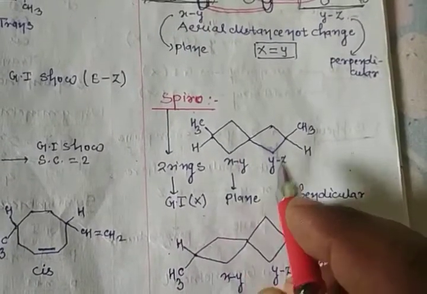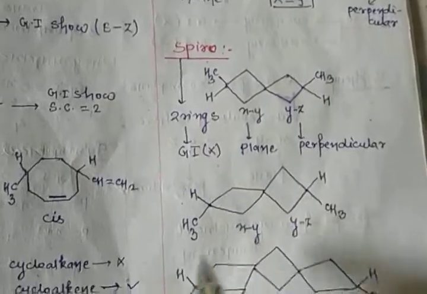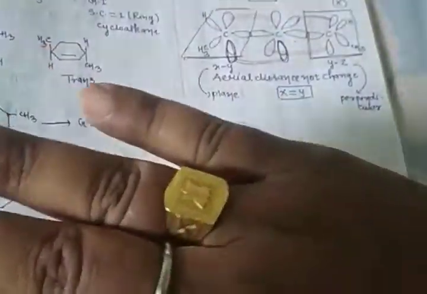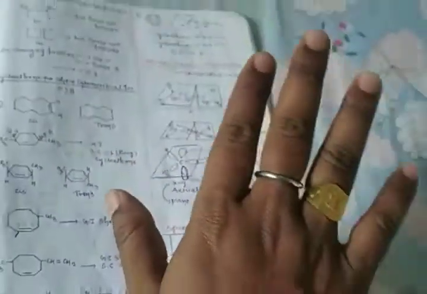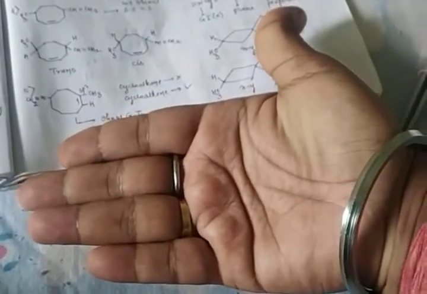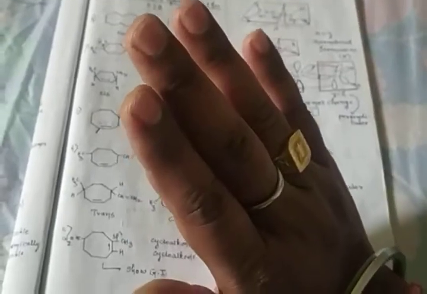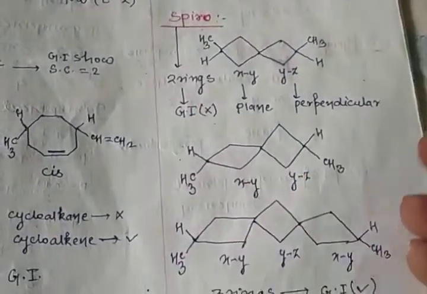XY means this plane. This is at the bottom plane of the paper and what? See, just check in my hand. This is what? Plane, and this is what? Perpendicular. This is perpendicular on this paper. So now this is the XY plane and YZ is perpendicular.